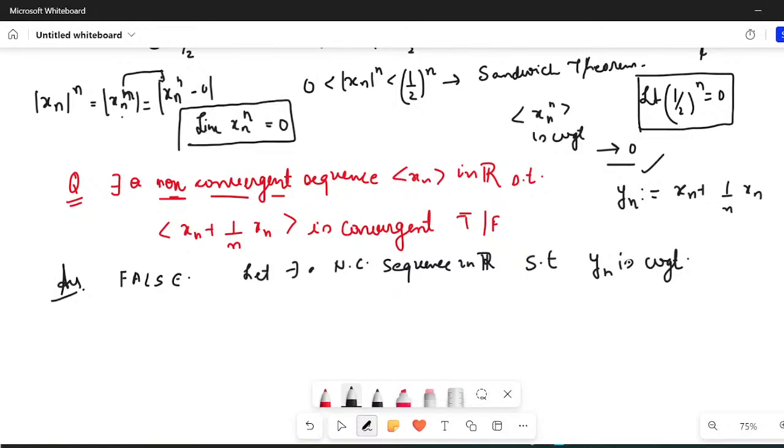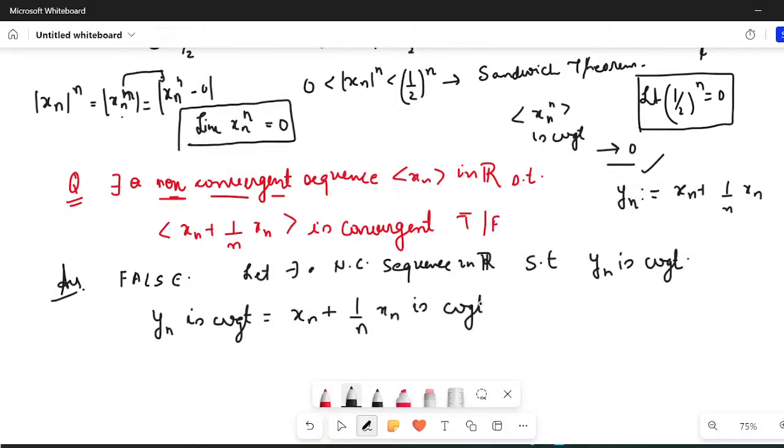So what I'll do, I'll assume that some sequence xn plus 1 upon n xn is, let's say, yn. And I will assume that there exists a non-convergent sequence xn in R such that this yn is convergent. So yn is convergent implies xn plus 1 upon n xn is convergent, isn't it?